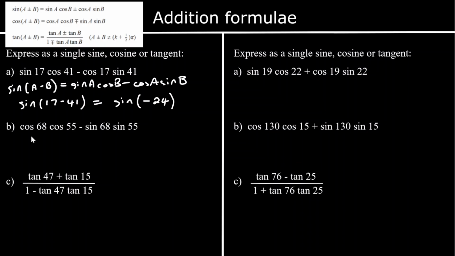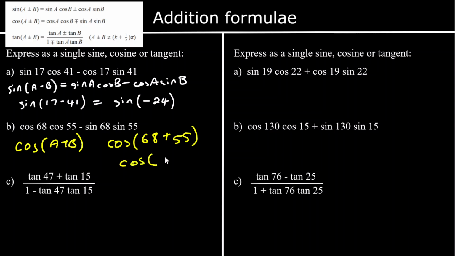The second one, we've got cos cos minus sine sine. Because it's cos cos and sine sine, it's going to have to be cos. And because they've got a minus between them, it's going to have to be the top one, which is cos A plus B. So it's cos(68 plus 55), which is cos 123.